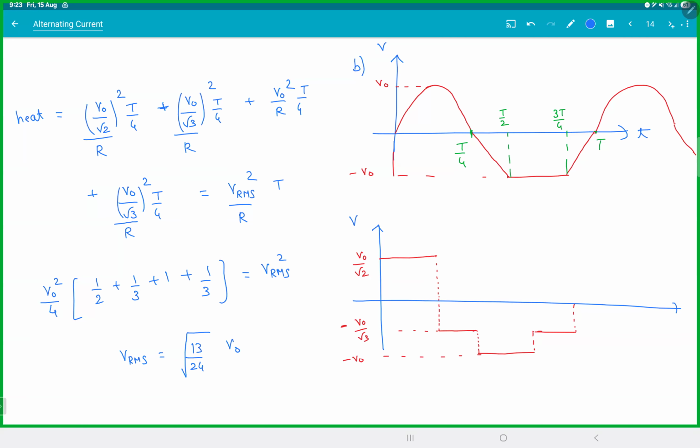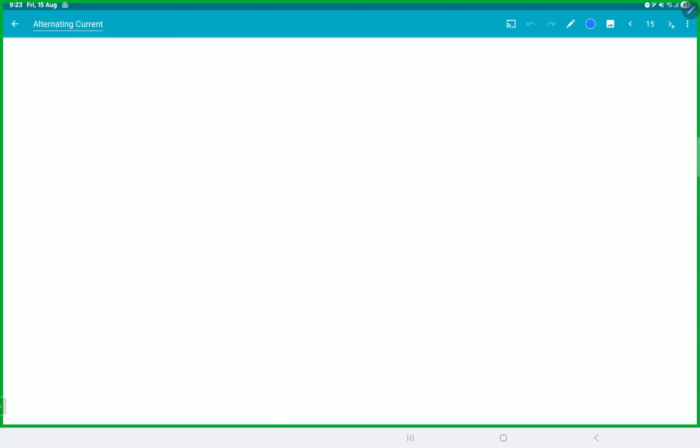Yeah, that's one thing about AC and DC. Next thing, we have an AC voltmeter and an ammeter. AC voltmeter and ammeter measure RMS values.